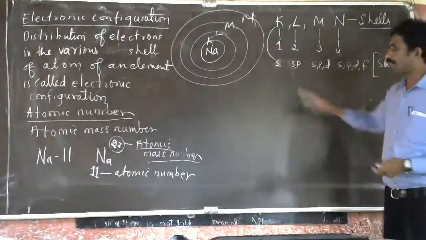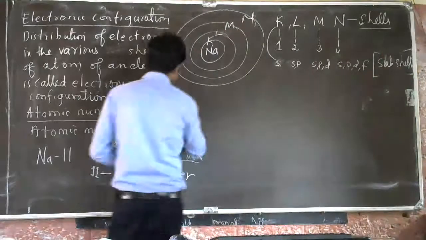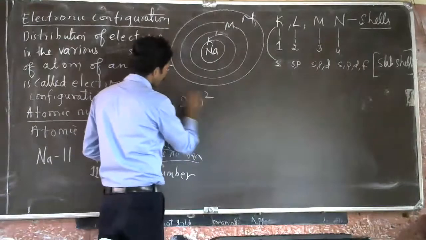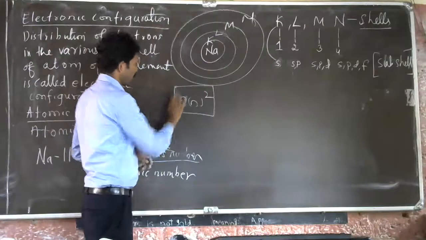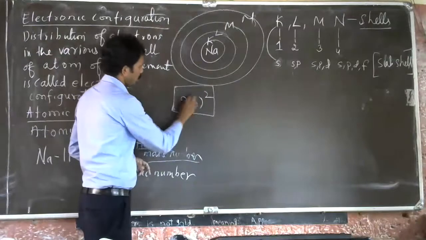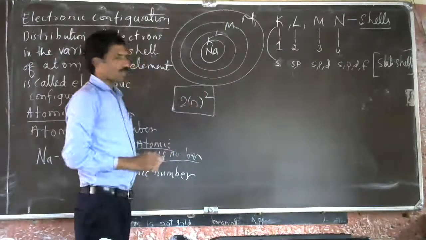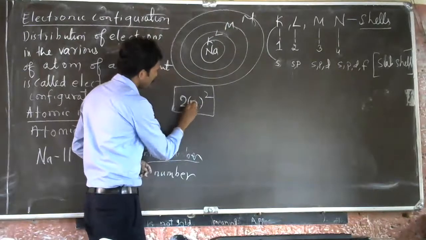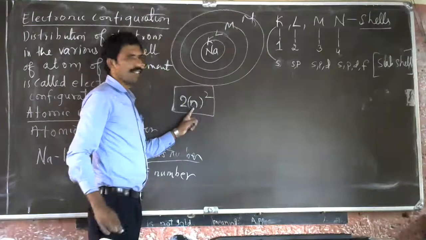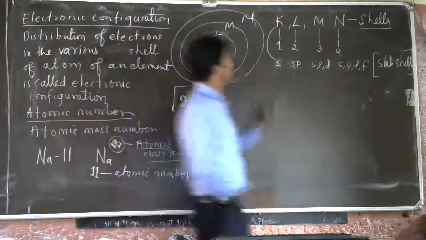Distribution of electrons is calculated by one formula, that is 2n square. Remember this formula. Here this n is nothing but the energy level.